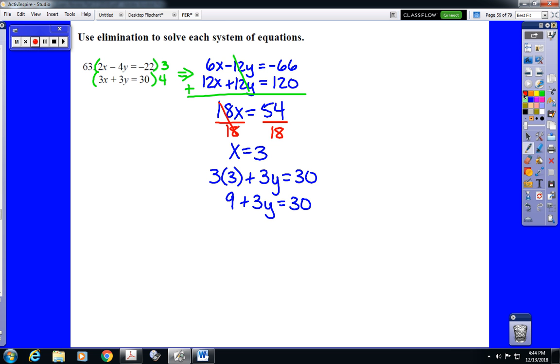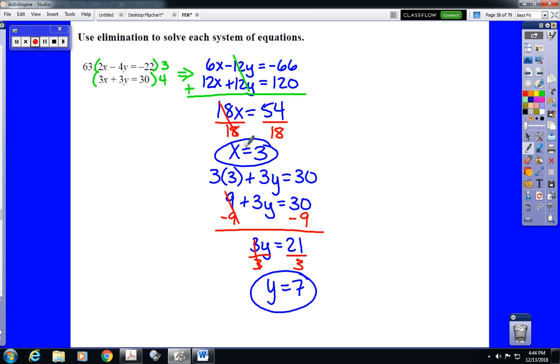Subtract 9 from each side, which would give me 3y equals 21. And then divide by 3, which would give me y equals 7. x is 3, y is 7. My answer is the point (3, 7), because that is how we present answers to substitution or elimination problems.